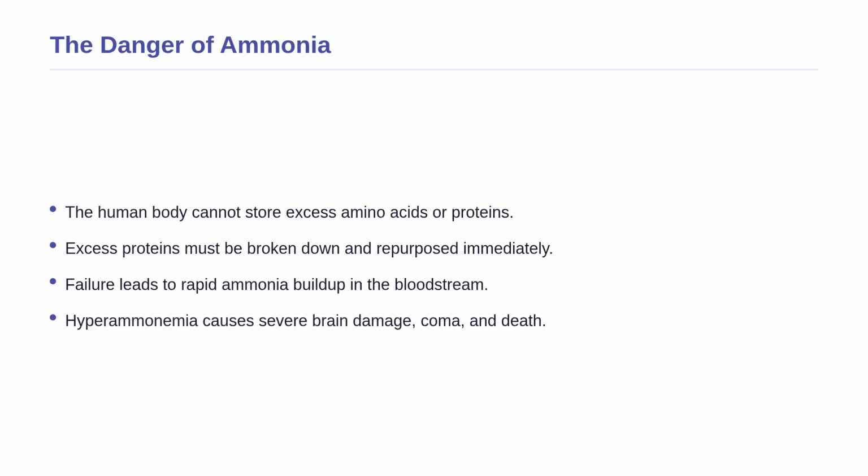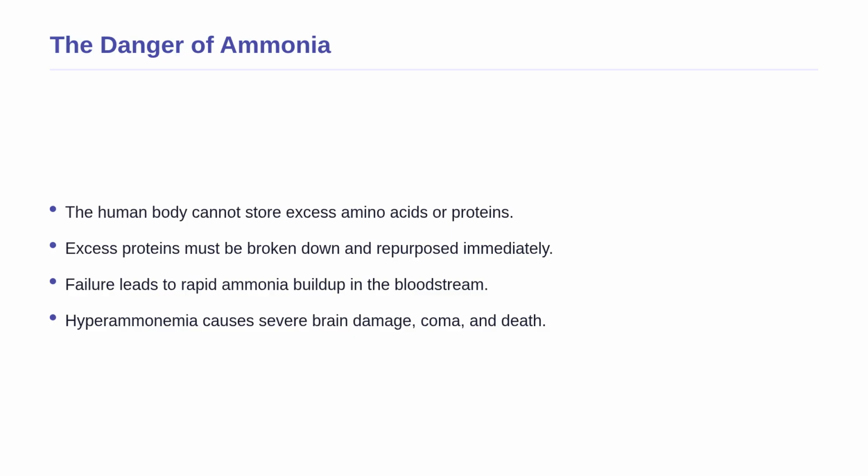Understanding how this process works leads us to ask why it is so absolutely critical for our survival. The human body has no storage mechanism for excess amino acids, unlike how we store fat or glucose. When we consume a high-protein diet, the excess must be broken down and repurposed immediately.